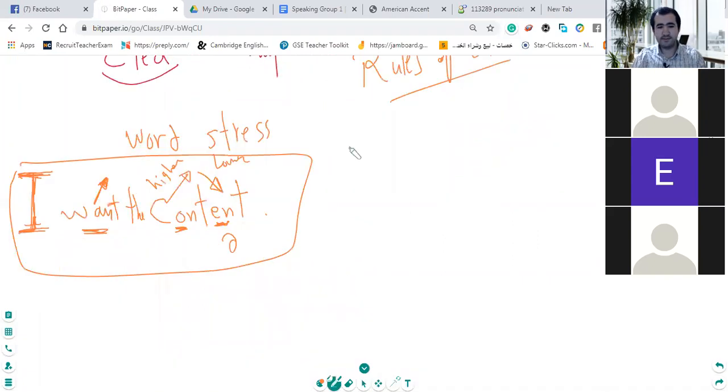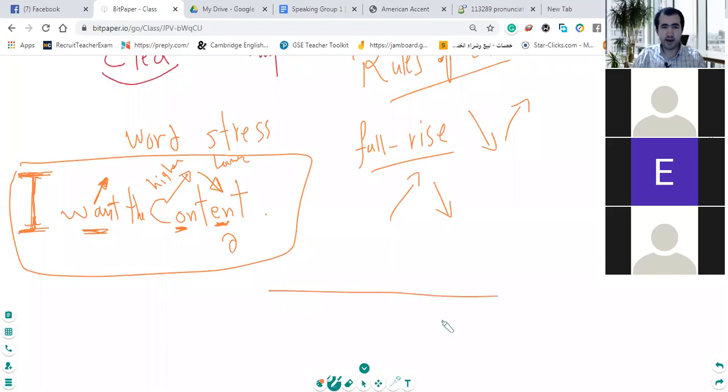And that's why I say the fall-rise, or even rise-fall intonations are mostly common in English, because in English we don't have static intonation. I want the content. No, this is wrong because it's a static intonation.